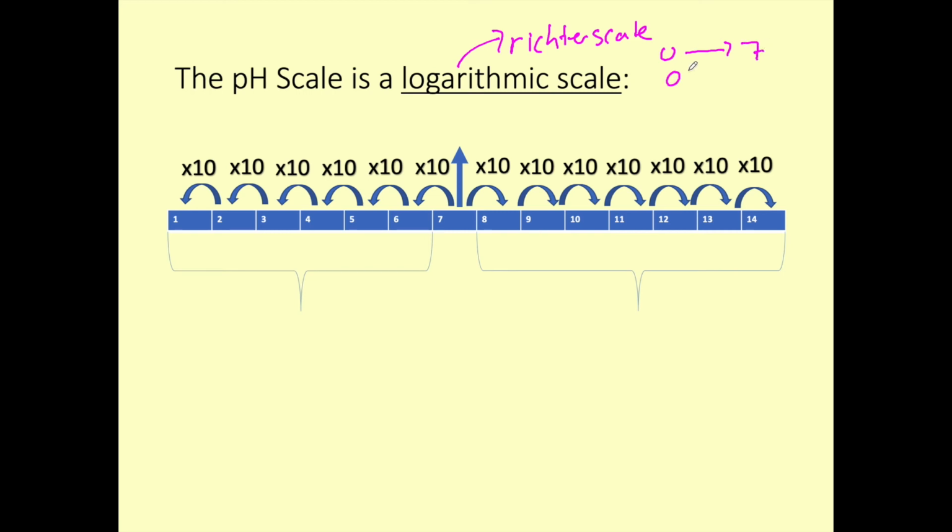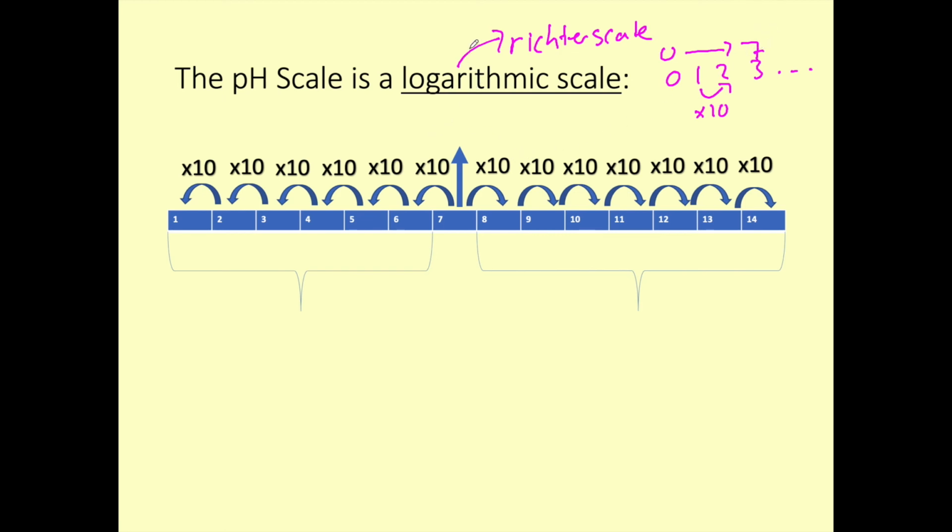But as you go 0, 1, 2, 3, etc., you are saying that that earthquake is 10 times as bad as the previous one. So it gets worse as you go to the higher numbers. So you're talking about the most severe earthquakes at that higher number.